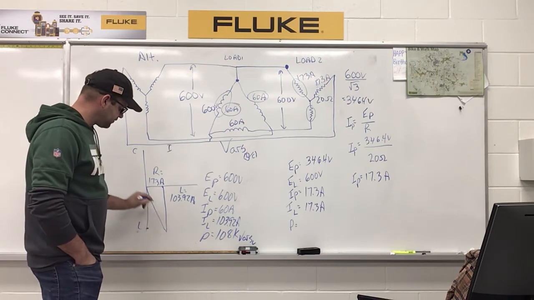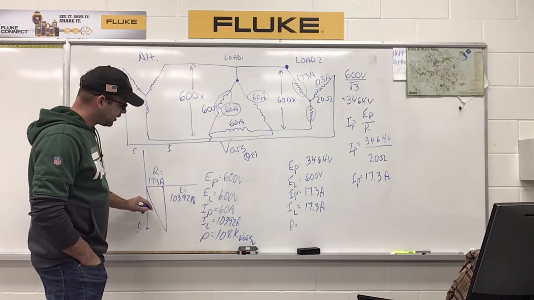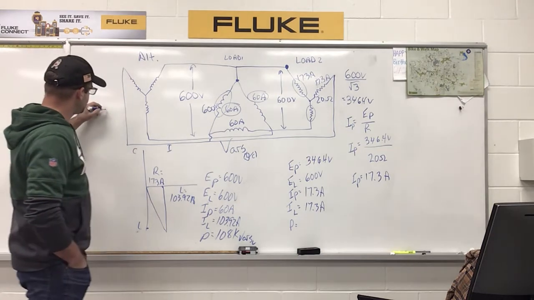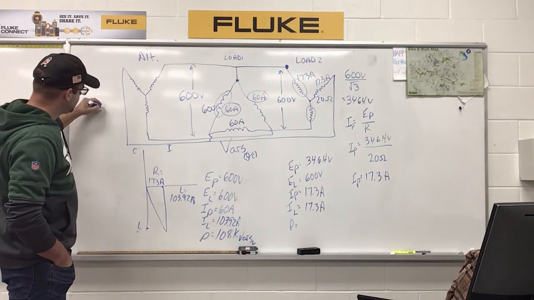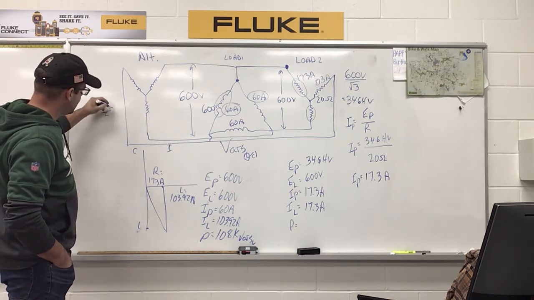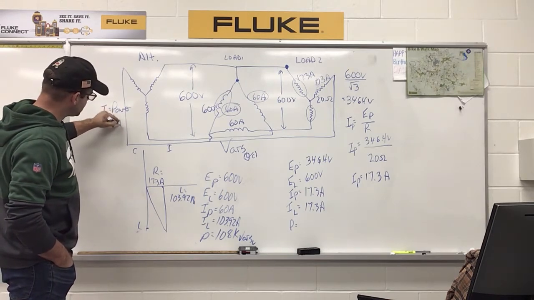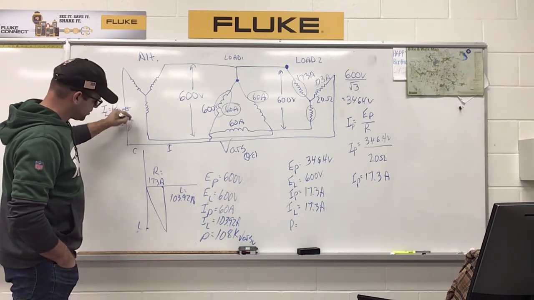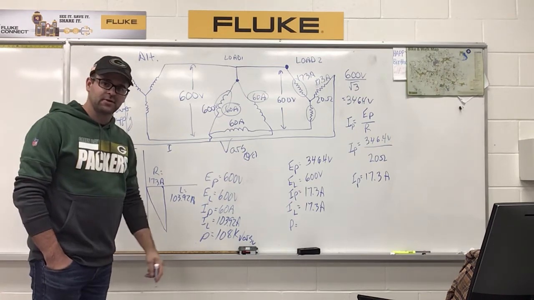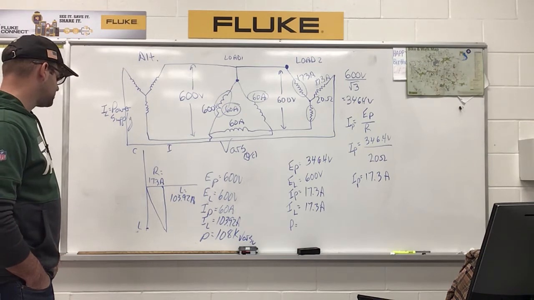That value is going to be our total current. That's going to be our I line at our power supply, the hypotenuse of that triangle. I know that's an ugly looking triangle, but that's what it gives us.